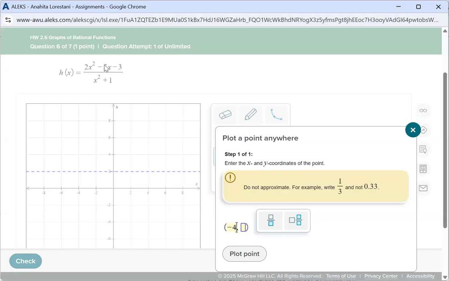And -4 times -5 is 20. 32 plus 20 is 52. 52 minus 3 is 49. So I get 49 over 17.